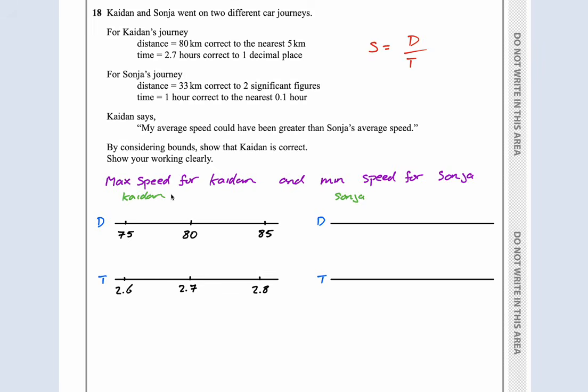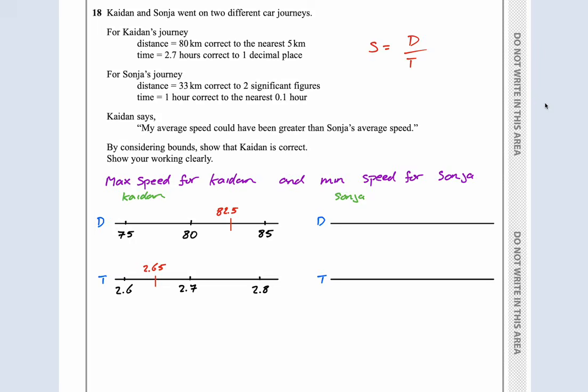Now we want his max speed. To get his max speed, we're going to do max distance over min time. Why? Because a big distance over a small time will give me a big speed. So the upper bound for distance is 82.5, and the lower bound for time is 2.65.